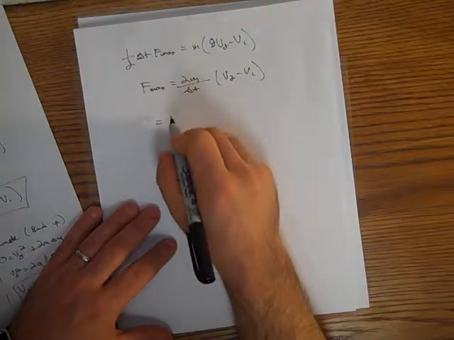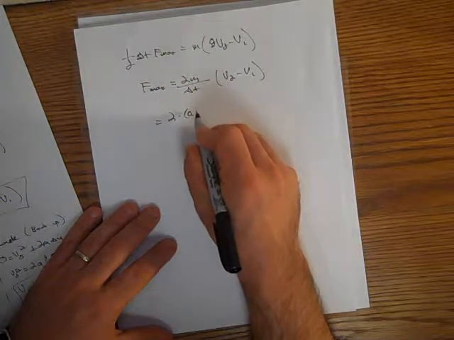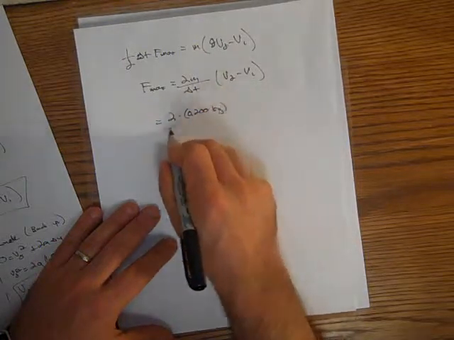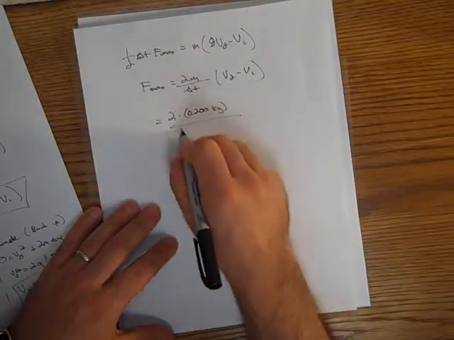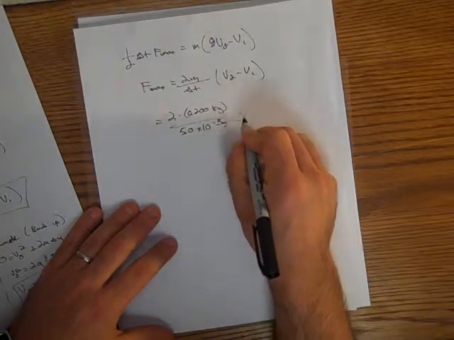I'm told that the mass is 200 grams, which is 0.200 kilograms. I know that delta T is 5 milliseconds, 5.0 times 10 to the minus third seconds.